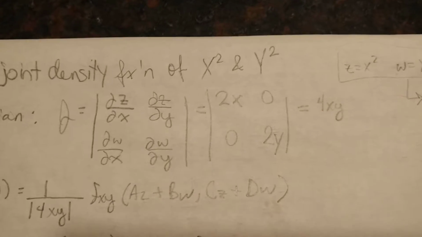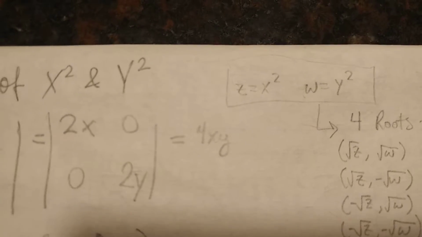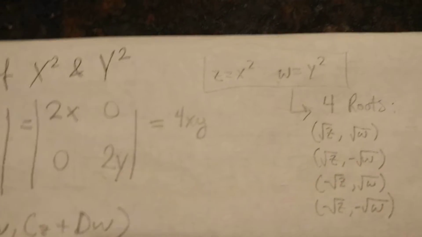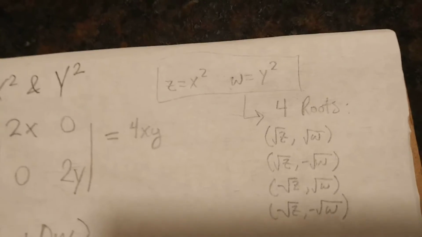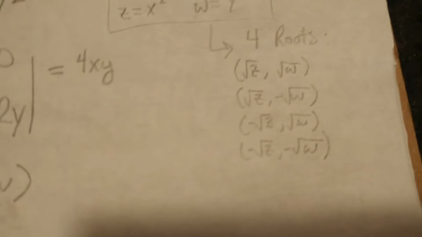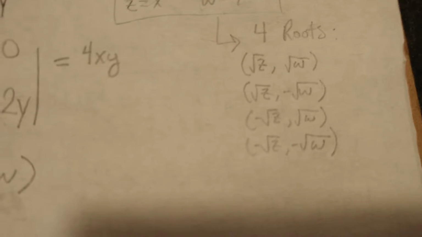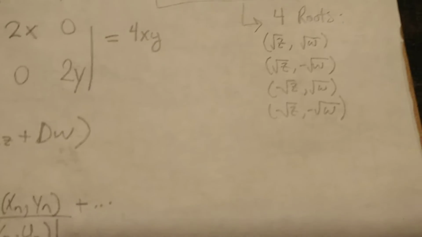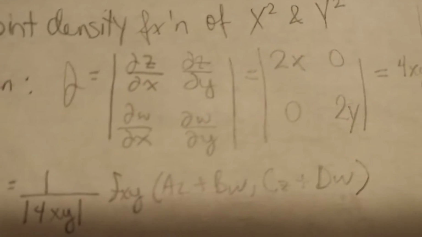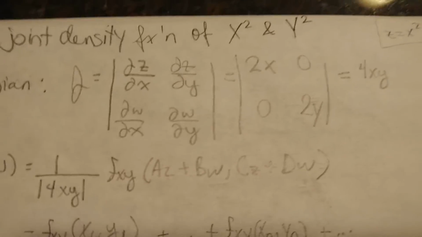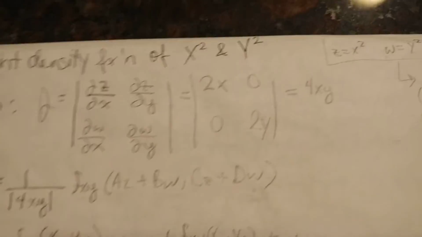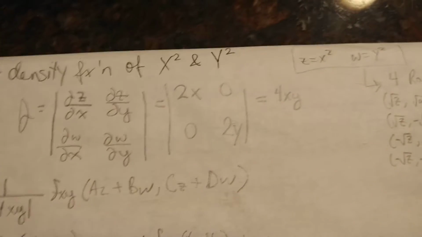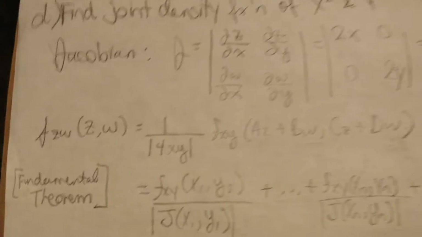When you set it up, you make x squared equal to z and y squared equal to w, which gives you 4 roots: root z, root w; root z, negative root w; negative root z, root w; negative root z, negative root w. When you calculate the partial derivatives for the Jacobian, you end up with 4xy, and that's where you would sub in your roots.